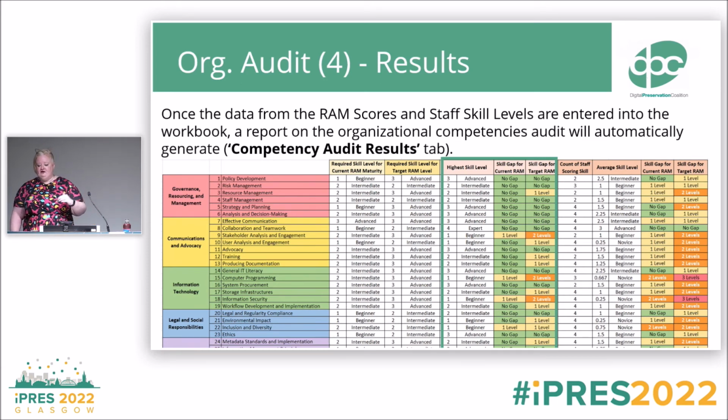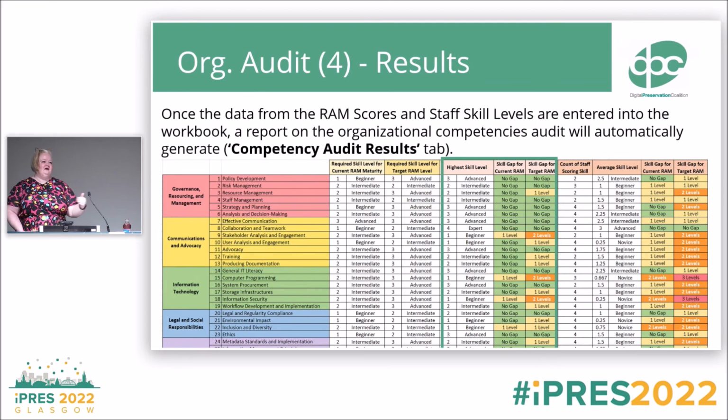So you can see here, for the current RAM level, this organisation has very few gaps. They're actually skilled up well to support the capacity level they're at. But there are an increasing number of skill level gaps when you look at where they are for their target level in RAM. So these are areas where they might potentially look to prioritise development for their staff.